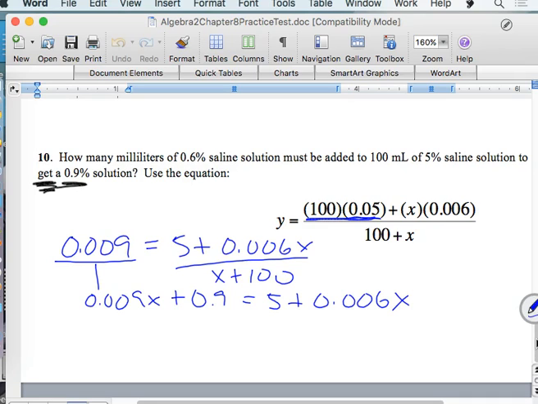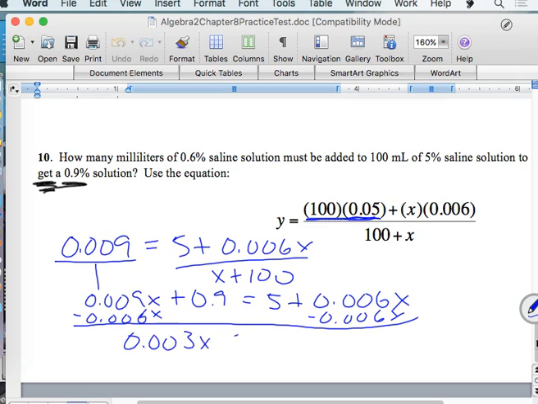So, 9 thousandths minus 6 thousandths. Well, that's just 3 thousandths. And if I had $5 and somebody took 90 cents of it, what would I have left? $4.10.